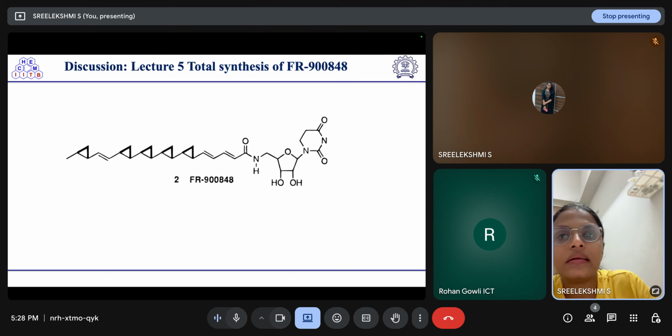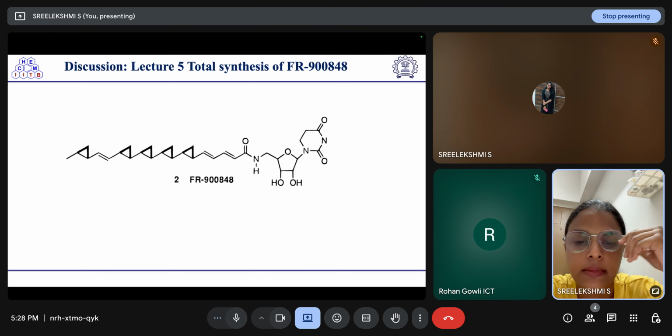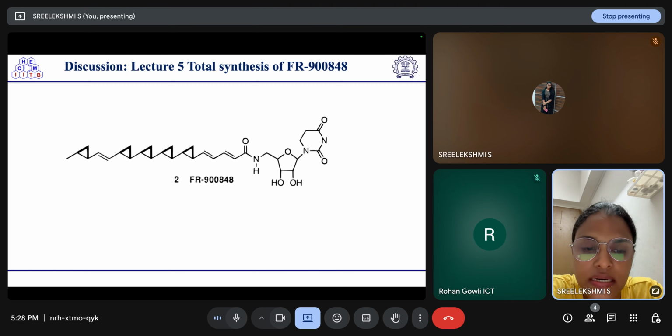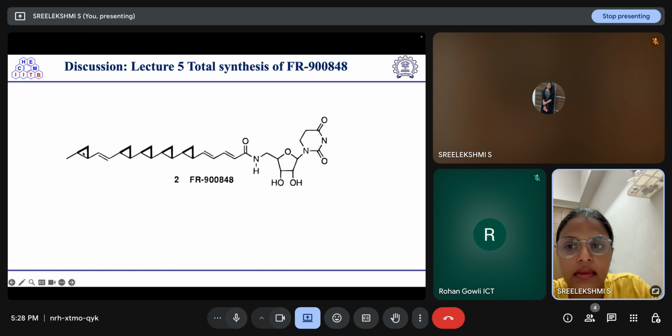This molecule was isolated in 1990 by Yoshida from the broth of Fervent verticillium, which is a fungus, and it has five cyclopropane rings, and this molecule is known to show antifungal activities. The major synthetic challenges associated with the total synthesis of this molecule are that it has 14 chiral centers, as I already mentioned five cyclopropane rings, and three double bonds which are in the E configuration.